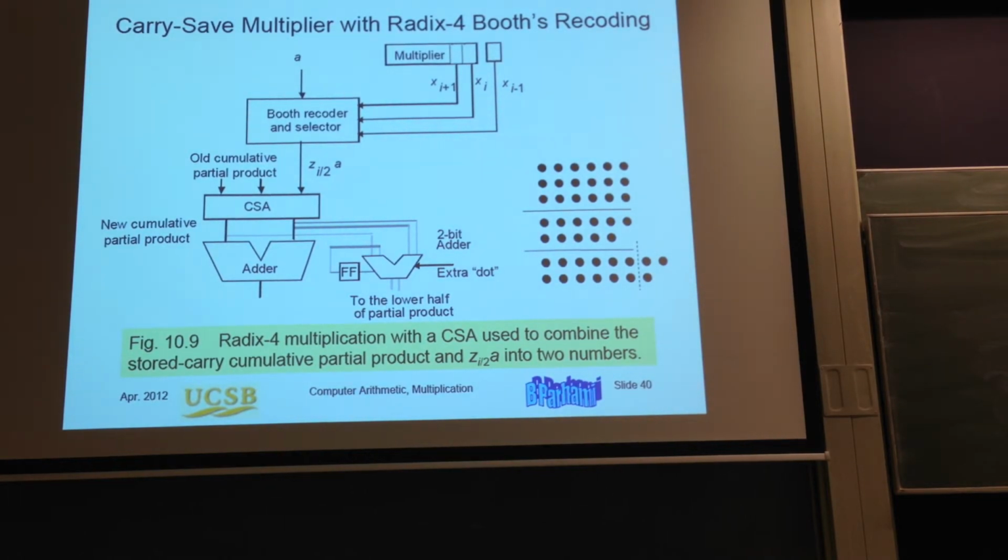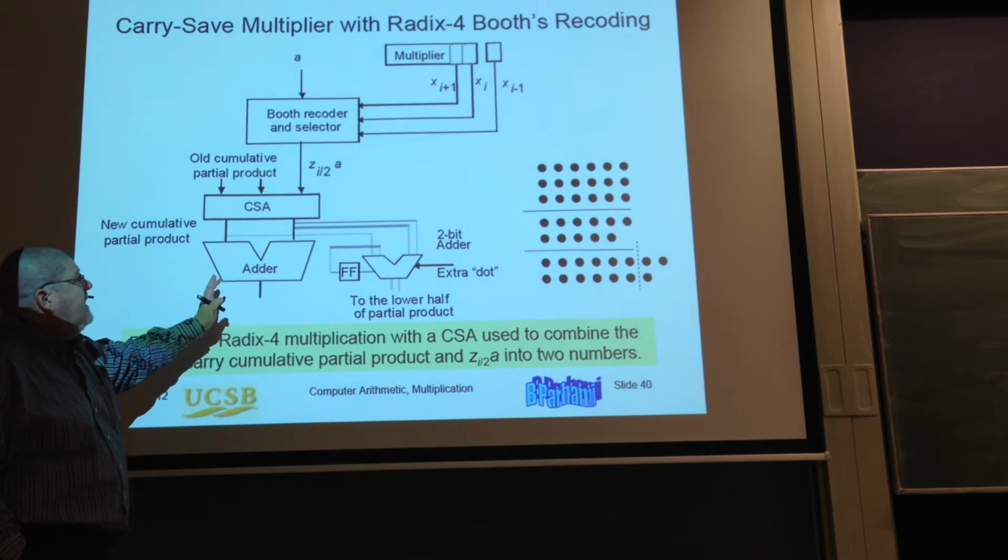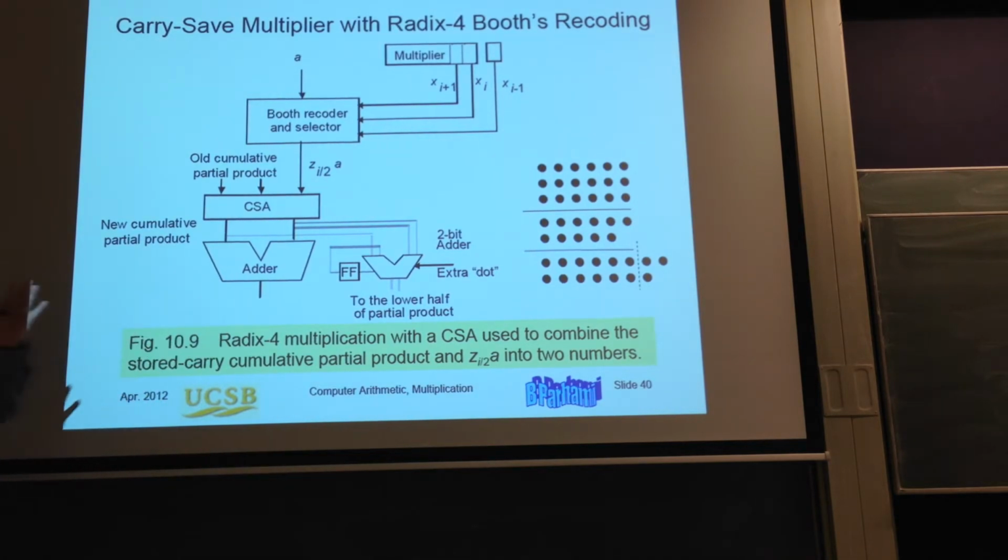And what is happening now, it's kind of an interesting phenomenon, is that I am consuming 2 bits at a time because this is Radix-4. If I consume 2 bits at a time, I have to generate 2 bits at a time. I have to have a bit flow in my calculation which is coherent.